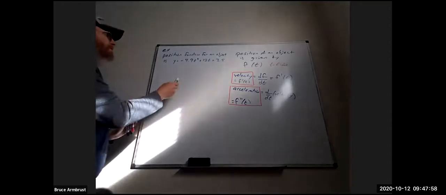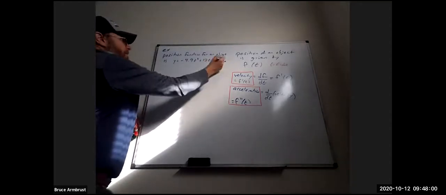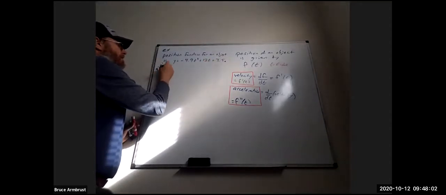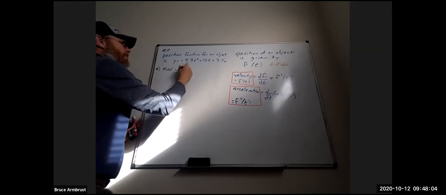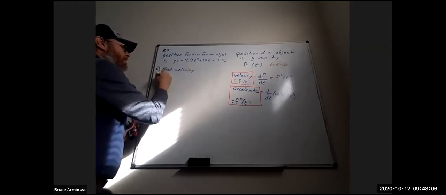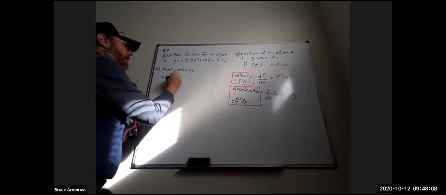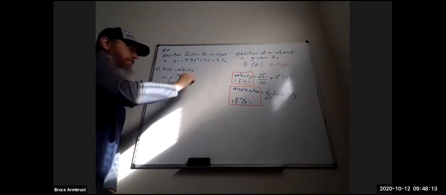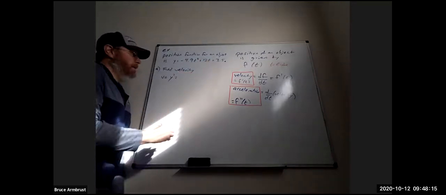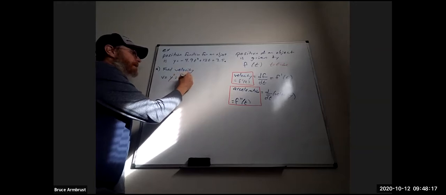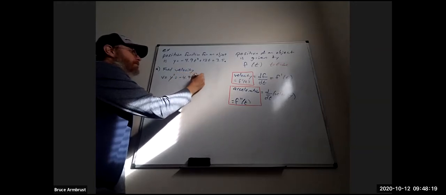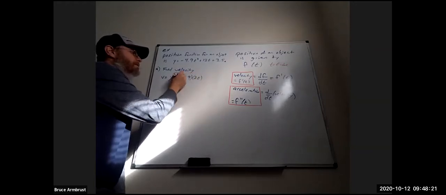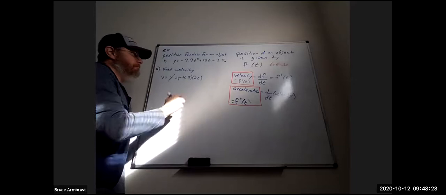Okay, so first let's find the velocity. So A, let's find the velocity. All right, so v is equal to y prime. So this is just a polynomial, so we can use power rule. So we get a negative 4.9 times 2t, right?